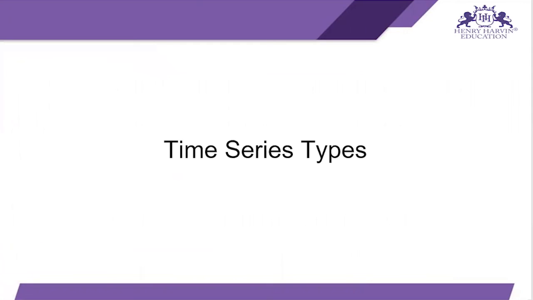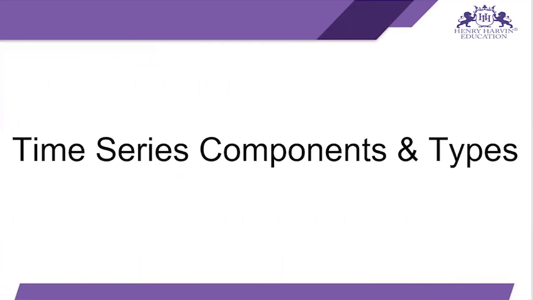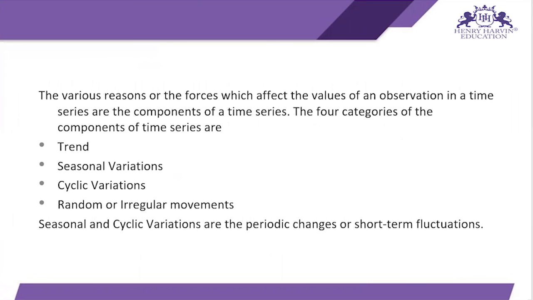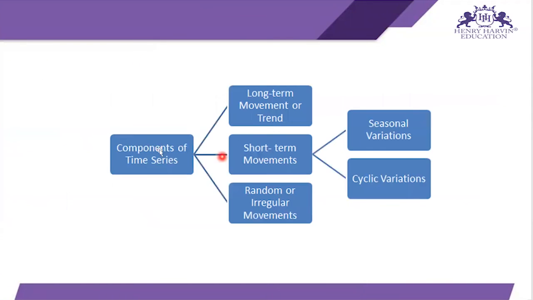In this theoretical session, we talked about the time series components and types. The components of time series are long-term movement or trend, short-term movements, and random or irregular movements, with short-term movements having two parts: seasonal variations and cyclic variations.